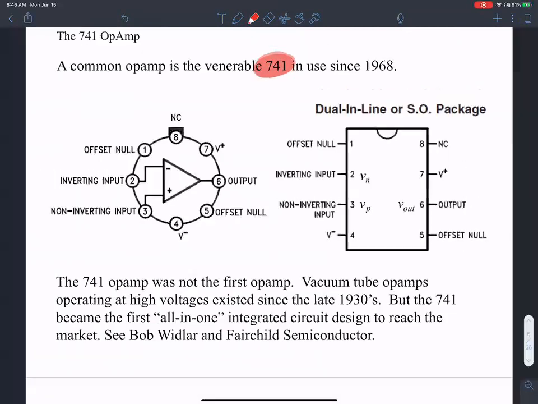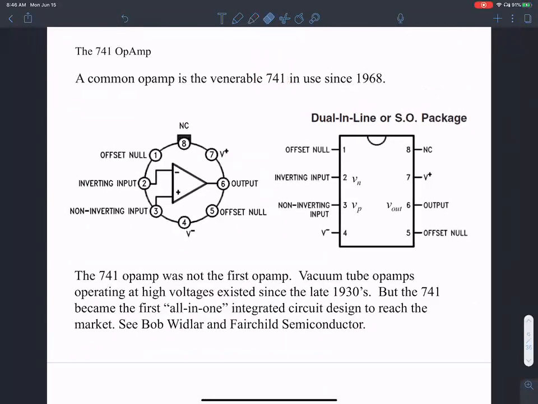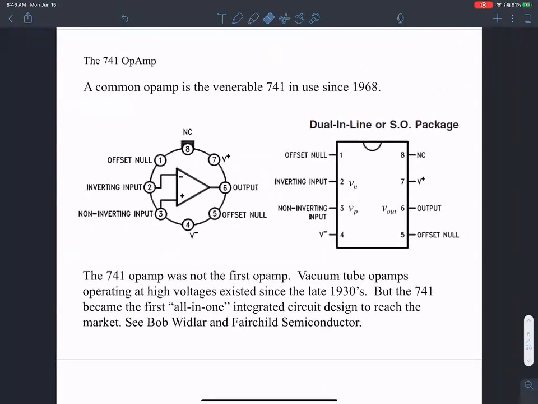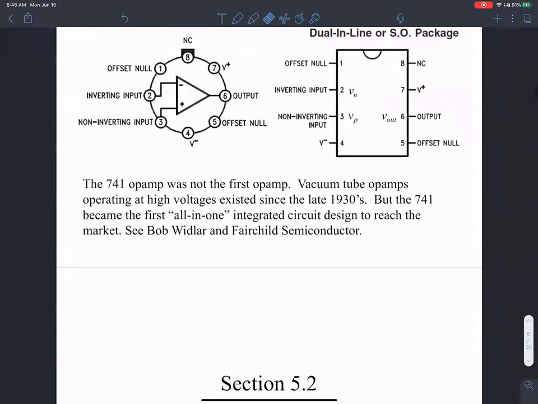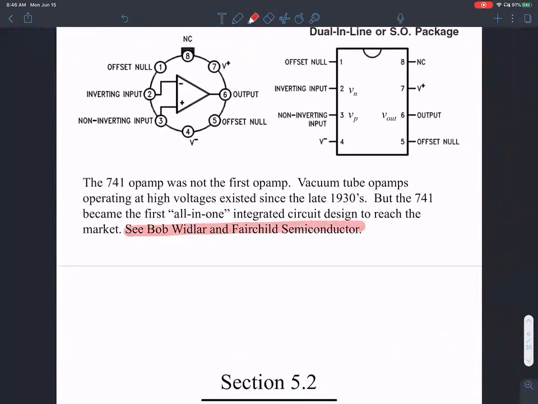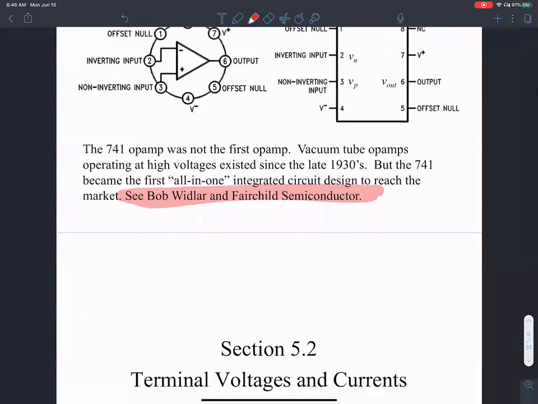That's just an example of a real-world op-amp that is used in the labs to build interesting circuits. The rest is all history. I leave you to go through the history.